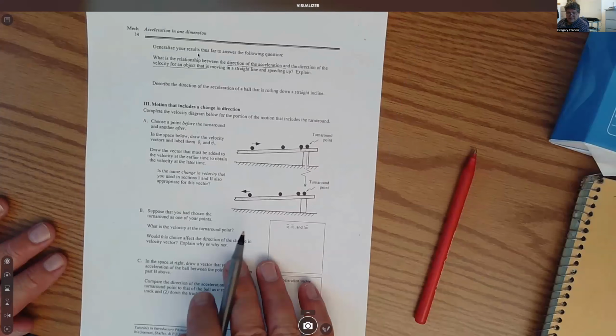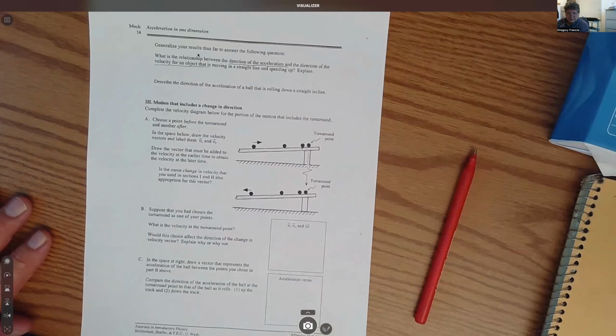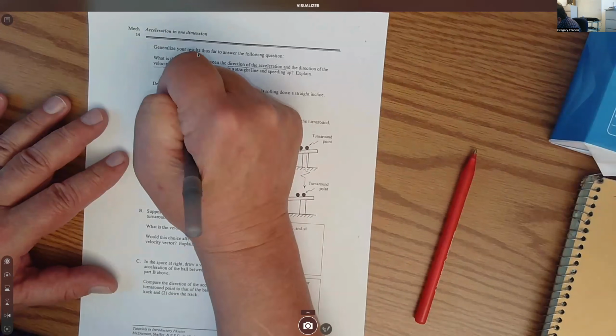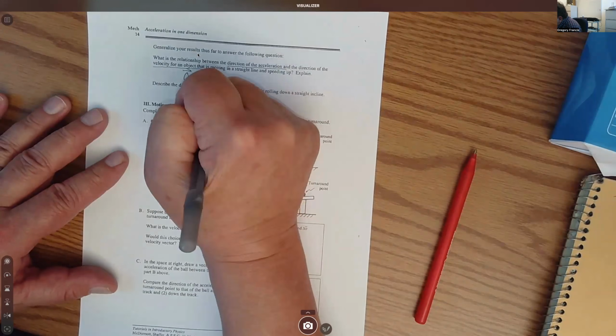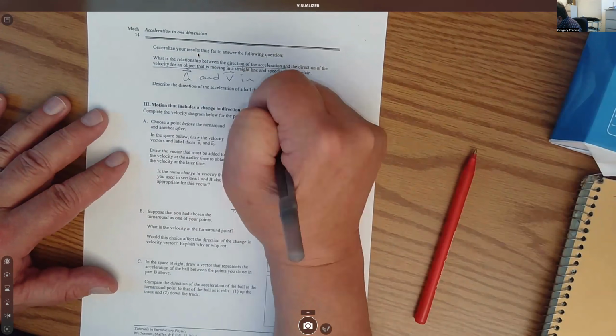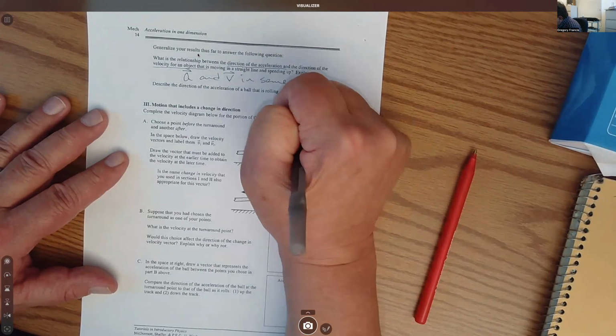And again, it could be any object moving in a straight line and speeding up. Could be a car that's speeding up on a straight highway. Well, we just found that the acceleration vector and the velocity vector must be in the same direction.